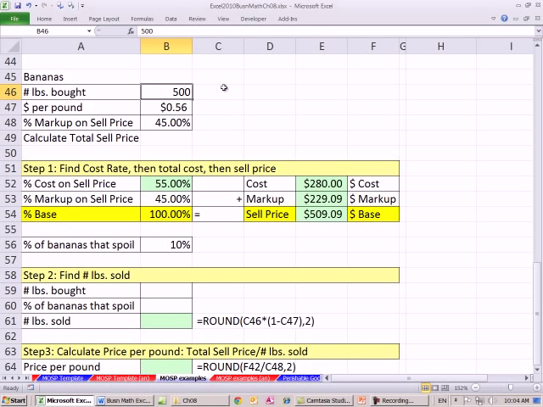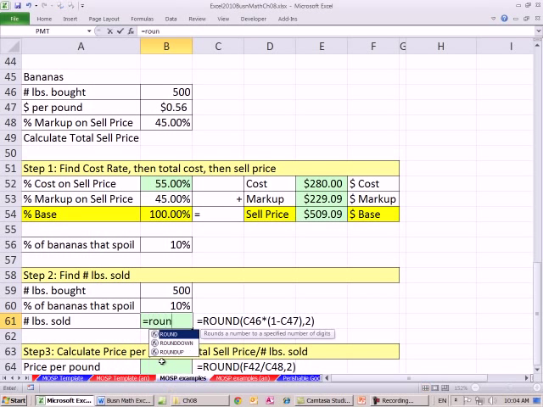But no. We can't use that because 10% of those are going to go bad. So step 2, I'm going to say the number of bananas we bought, pounds, 500. Percent that are spoiled. And I'm going to go ahead and calculate the actual number of bananas sold. We bought all these. We put them out on the rack, but 10% of them went bad.